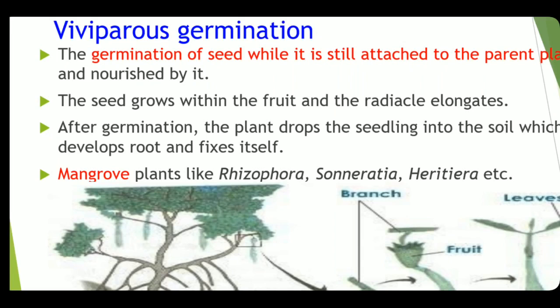The radicle swells up, and when it becomes heavy, it falls down on the ground, along with its hypocotyl. Then as the radicle develops more and forms roots, the roots are able to hold the soil. After that the plumule grows, and tiny leaves start growing on it.